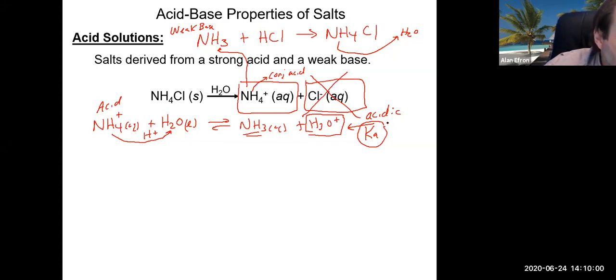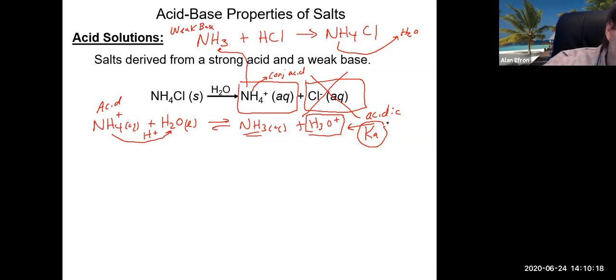Just like the previous one, you would most likely be given in a problem like this the Kb value for NH3. You would need to use Kw to convert it to Ka. Your question is, why did we cross out Cl minus?